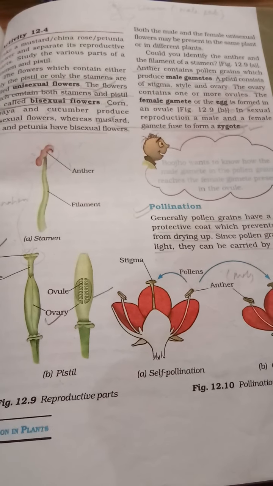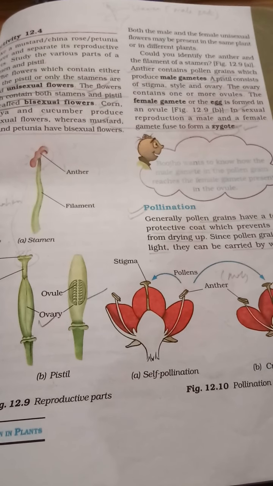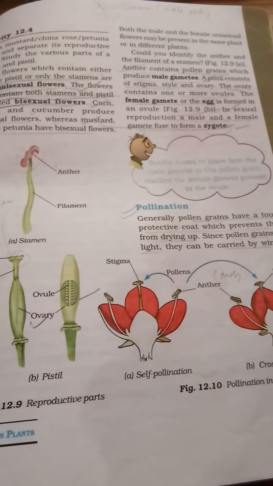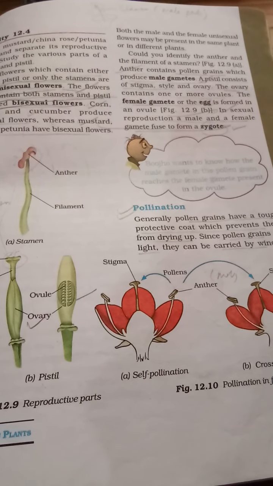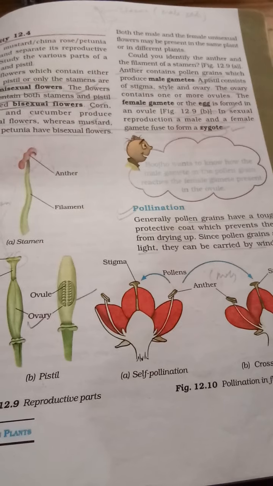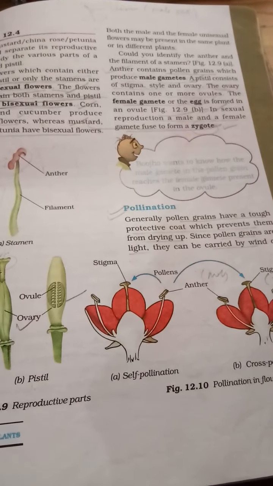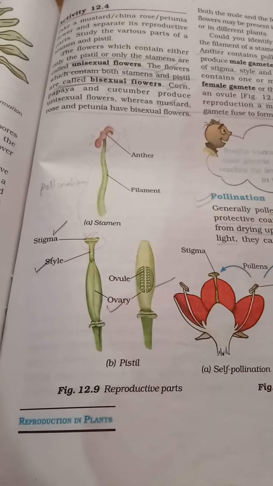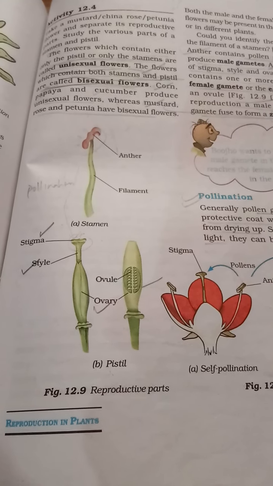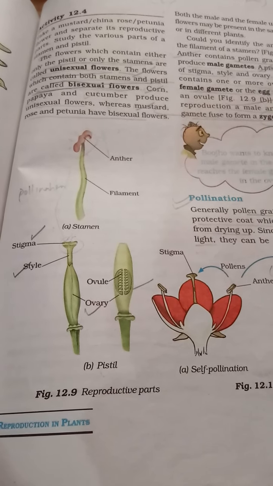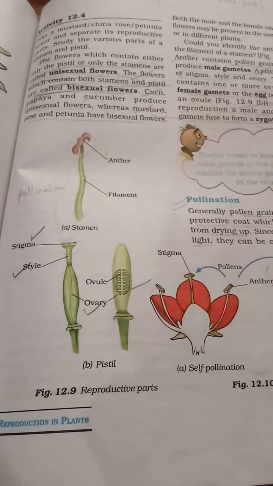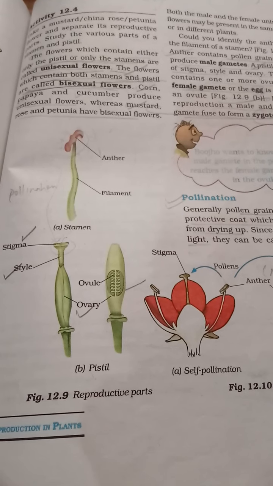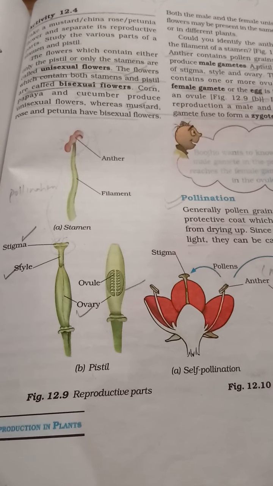Now what happens, whenever the anther gets matured, it gets dispersed and the pollen gets deposited on the stigma. When the pollen of the same flower is deposited on the stigma, it is known as self pollination. When the pollen of a different flower belonging to the same species is deposited on the stigma of a different plant, it is known as cross pollination.